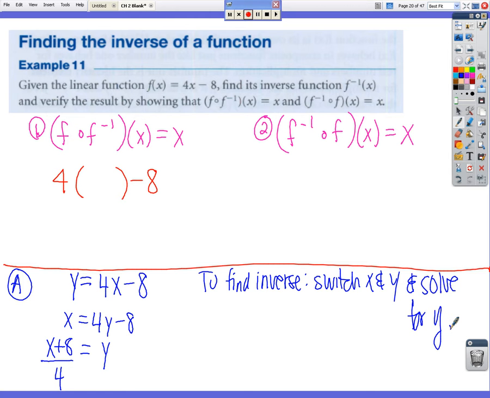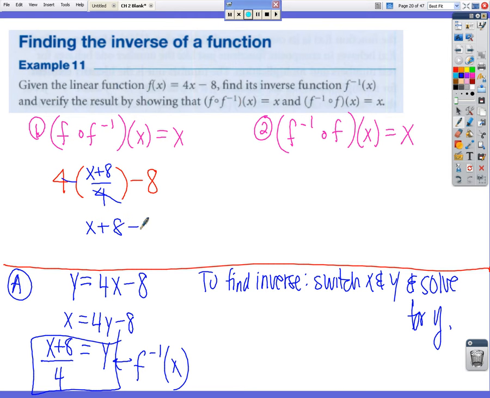Sorry about that. Now we can use the answer that we just got down here to come up and put this, my inverse function, right here: x plus 8 over 4. And then I'm going to simplify. So I get left with x, so this one works.